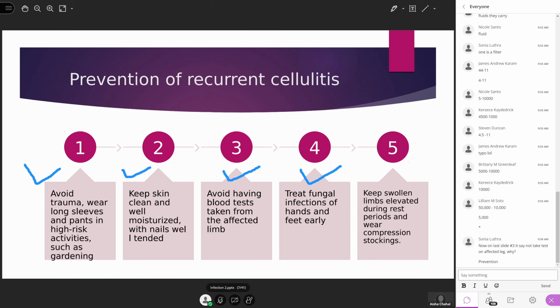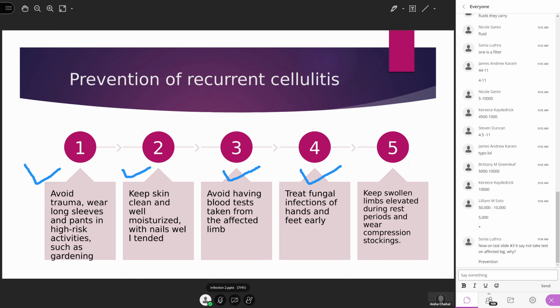Oh, in prevention. Okay. Avoid having blood test taken from, that is really to say, okay, good question. That is really to say that if there is cellulitis in the, say, upper extremity in the arm, and right arm has cellulitis, avoid taking blood samples from that. Say we have to do CBC, we have to do the blood chemistry, the electrolytes, just that regular blood work.